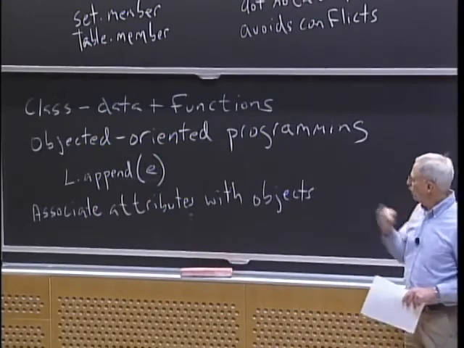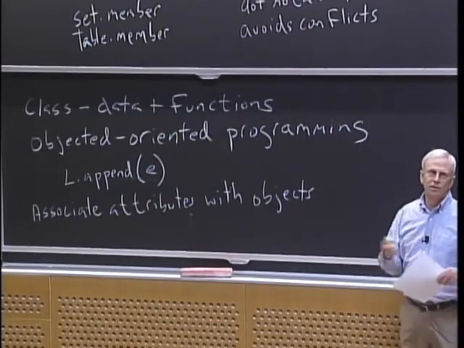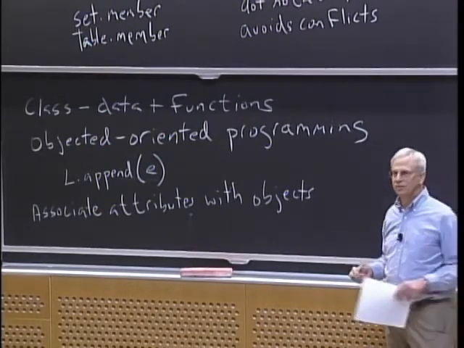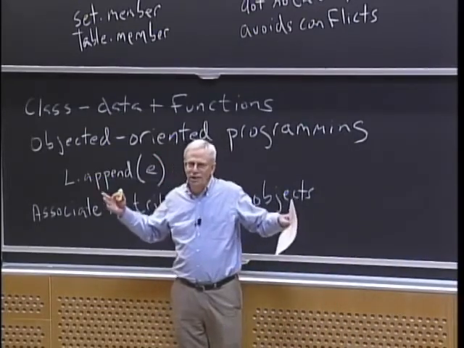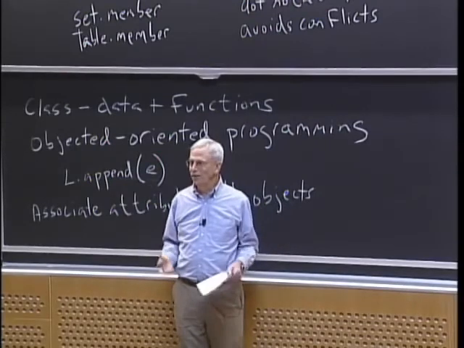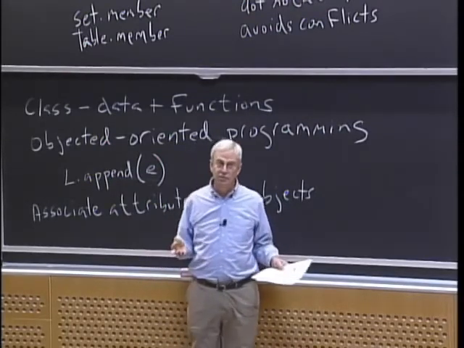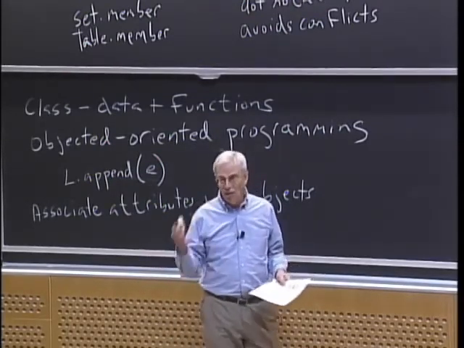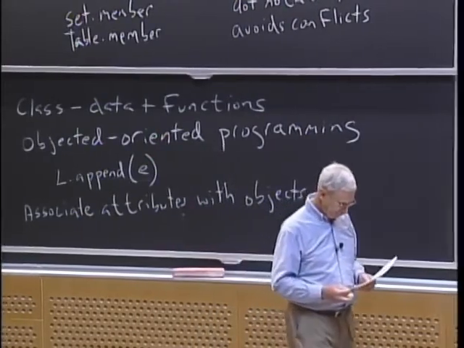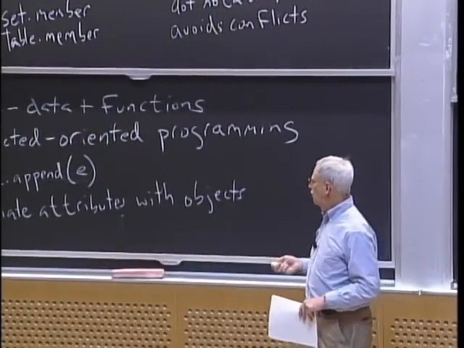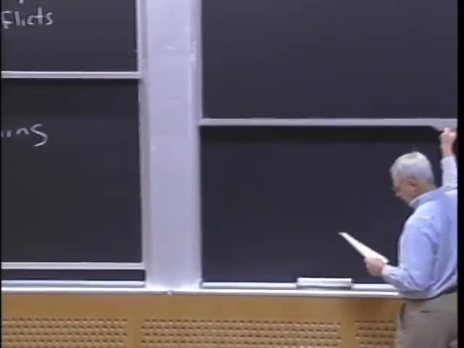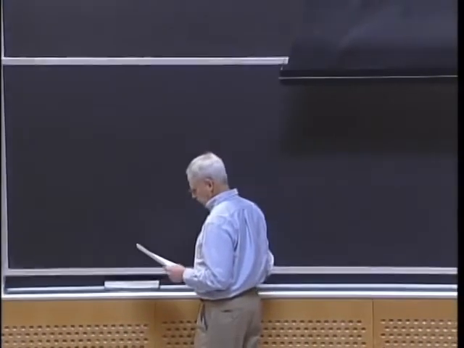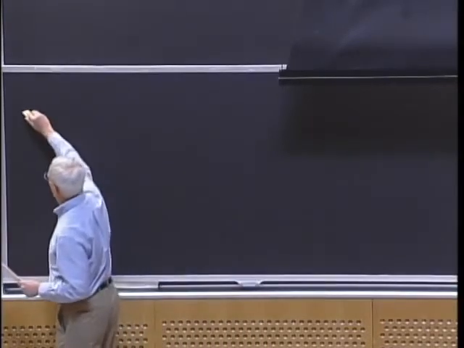Now, I've been talking about data and functions as if they're different kinds of things. In fact, they're not really, because they're just objects. In Python, everything is an object, including, as we'll see on Thursday, the class itself. When people talk about objects in object-oriented programming, they often use a message passing metaphor.